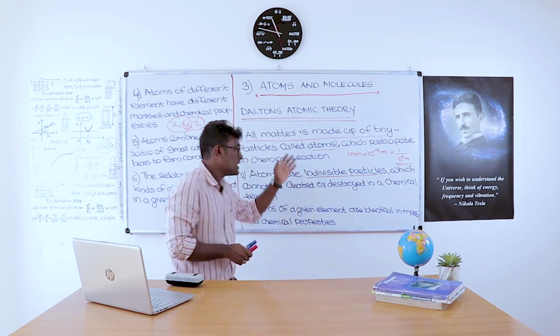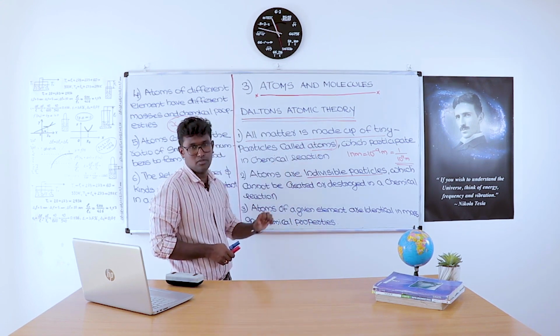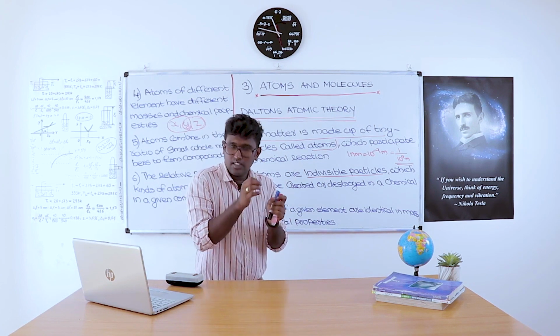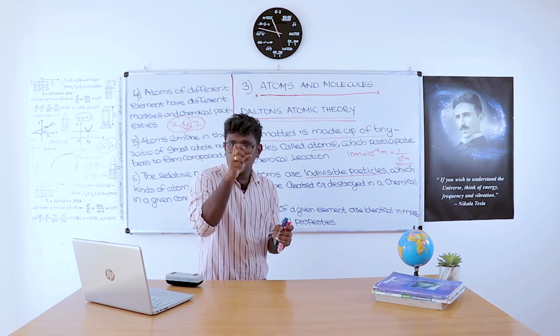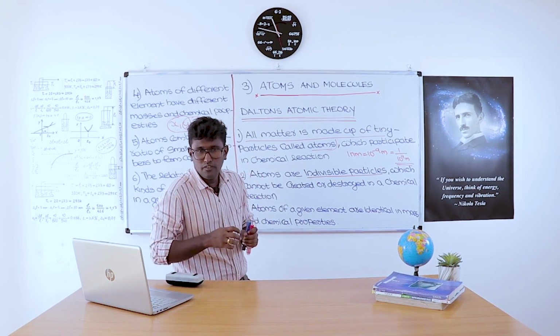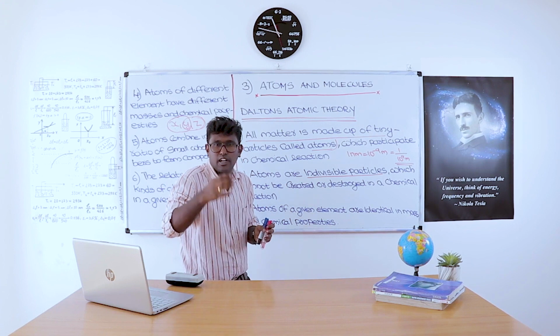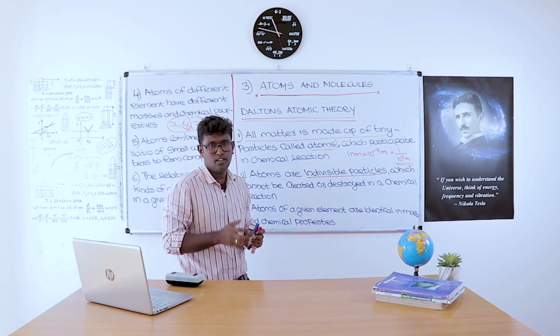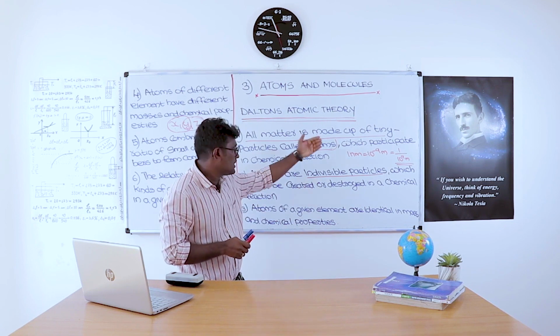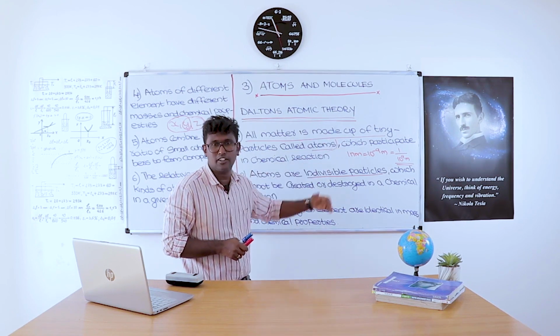Why, therefore, is there an atomic mass unit here? Because atoms and elements are very, very small, tiny particles, so we can't express their mass in grams or kilograms. So here we use another unit called atomic mass unit.